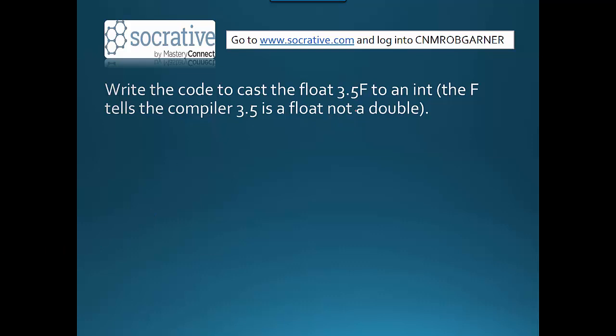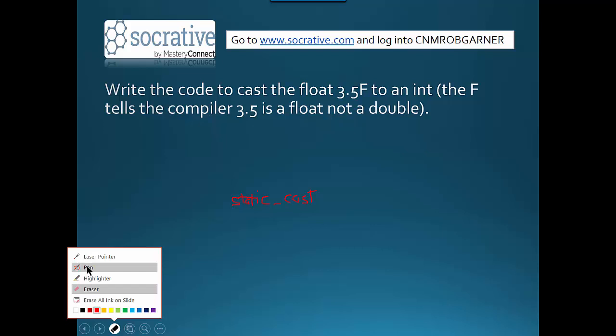So we have 3.5, and then the function we're going to use is this static cast. And we need to tell the compiler what we want to convert the number to.